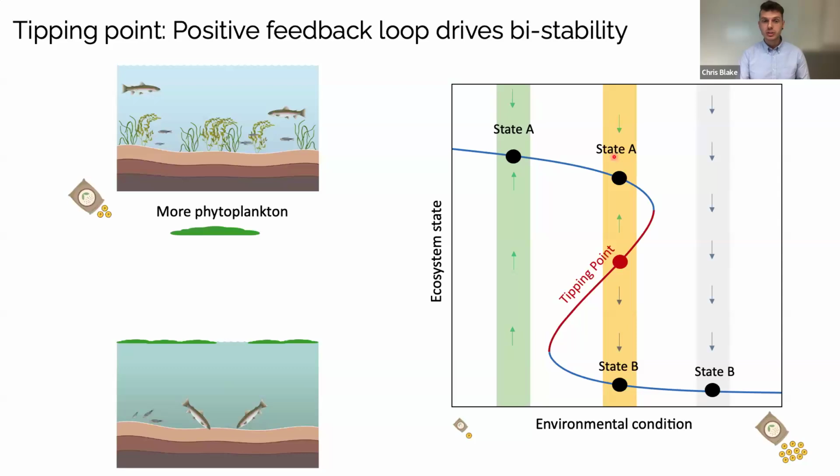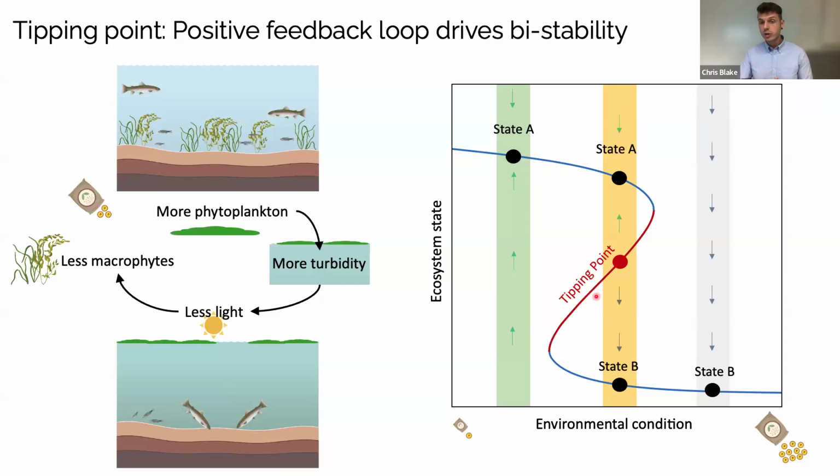However, once we cross the threshold and go past the tipping point, there are more phytoplankton in the system now. Therefore, the water will get more turbid. There will be less light for the macrophytes. They will perform worse and then release the competitive pressure on the phytoplankton. They in turn can grow more, the water gets even more turbid, there will be less light, until this positive feedback loop drives our system all the way down to state B.